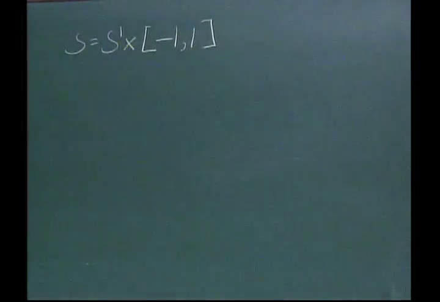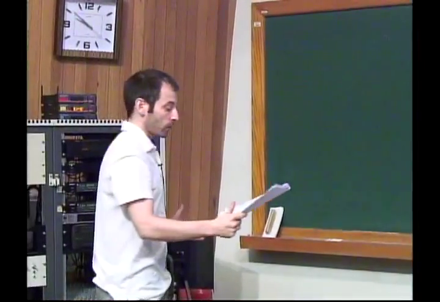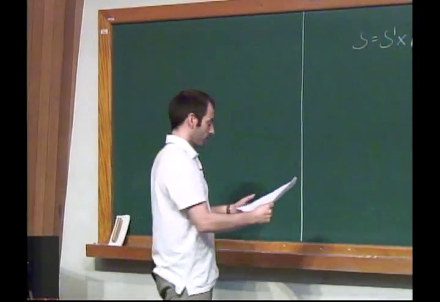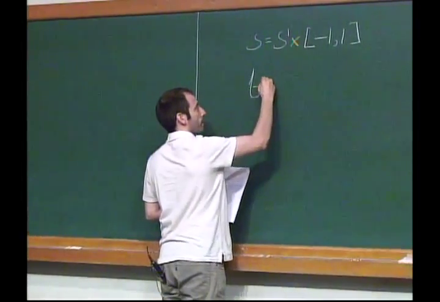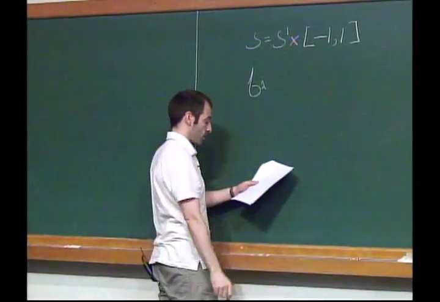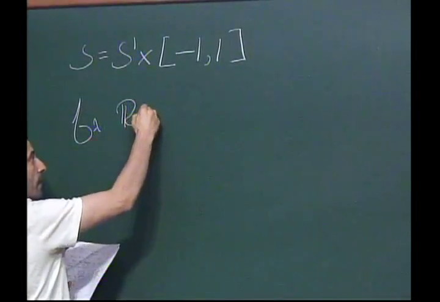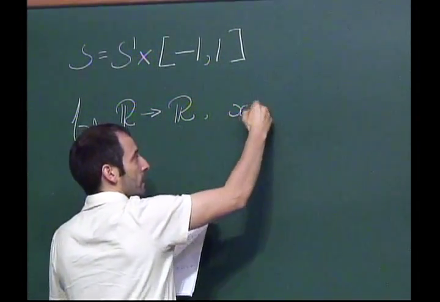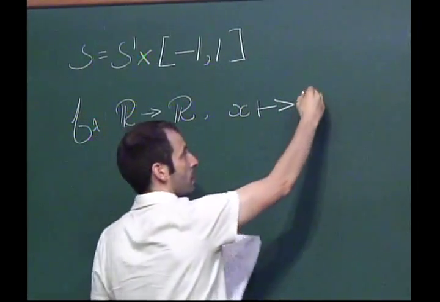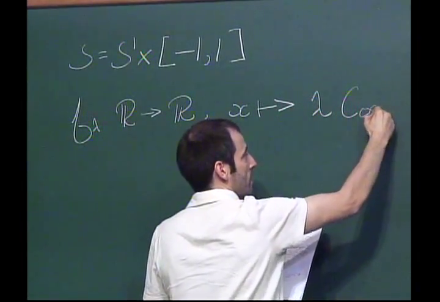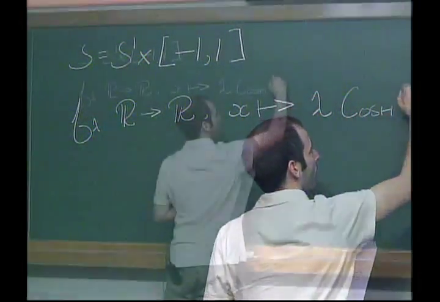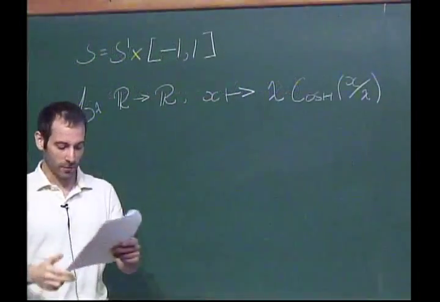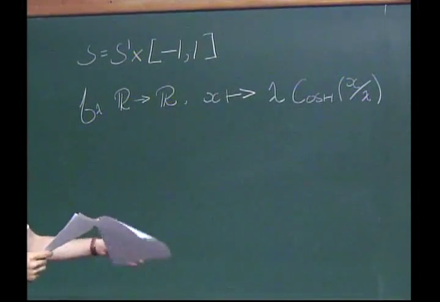And we're now going to ask ourselves, what are the free boundary minimal surfaces which are diffeomorphic to the annulus? Well, we consider functions f lambda, parameterized by this positive real parameter lambda, which send R into R, given by the function which sends x into lambda times the hyperbolic cosine of x over lambda. I think it's that one. I hope it is, otherwise I'm going to look a bit stupid.